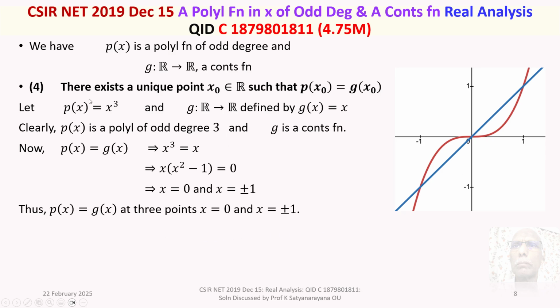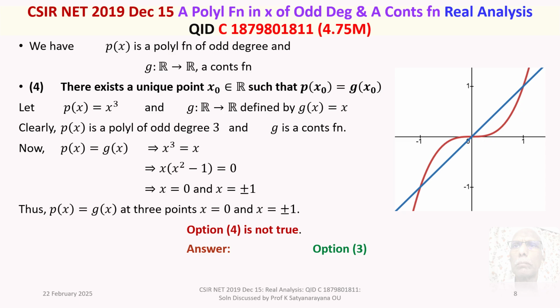So option 4 says there exists a unique common point between p and g. But we have seen there are 3 common points. Therefore, option 4 is not true. Summarizing all the options, the answer to this question is option 3. And that is the detailed discussion of the solution of the given problem.